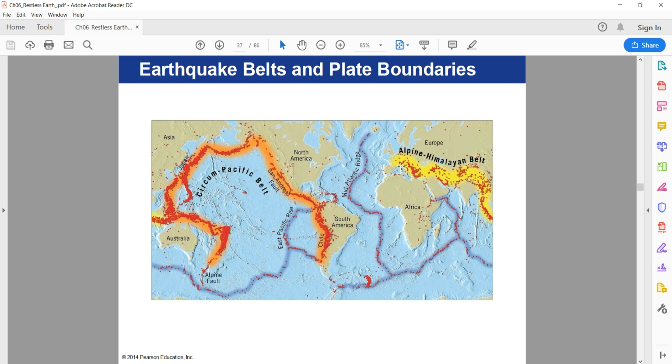Another major earthquake region is the Alpine-Himalayan belt. Here, this Indian subcontinent used to be part of the African plate, but at some point it broke off and started moving northwards toward the European plate. After traveling, it finally collided with the European plate, and that led to the formation of the Himalayan mountains.